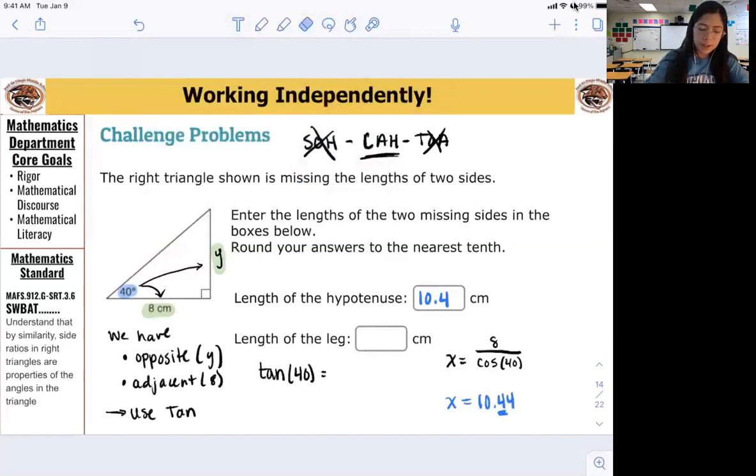And I'll remind us, tangent is opposite over adjacent. Is anyone there? Eric, I can't hear you. Are you saying something?